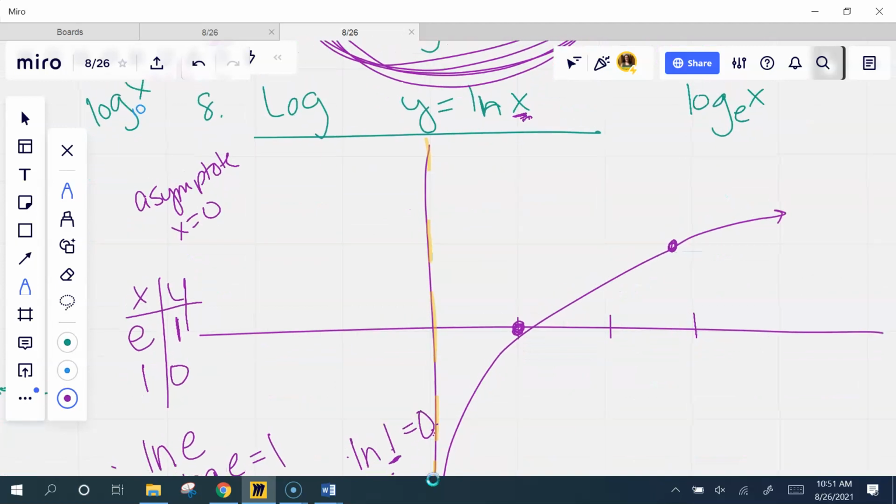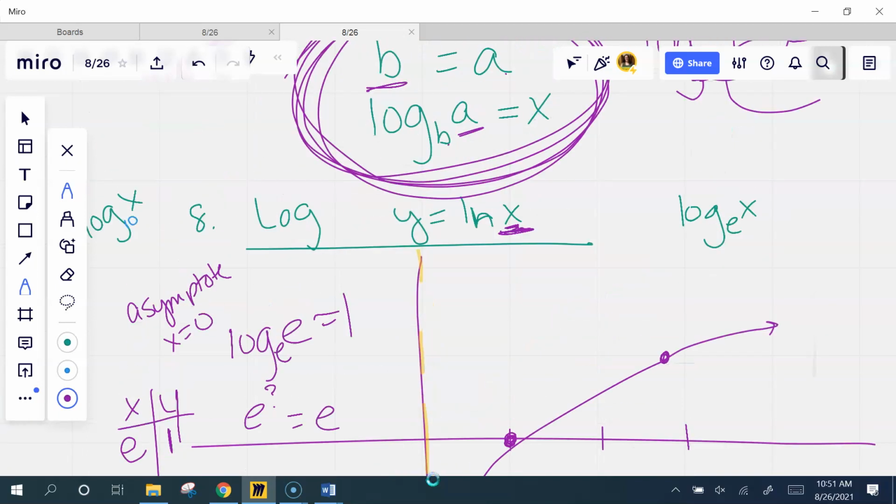Okay, but even if it's E, the log base E, if I put an E in for X, what does that equal? E to what power gives you E? 1. What power do you put where it keeps it itself?